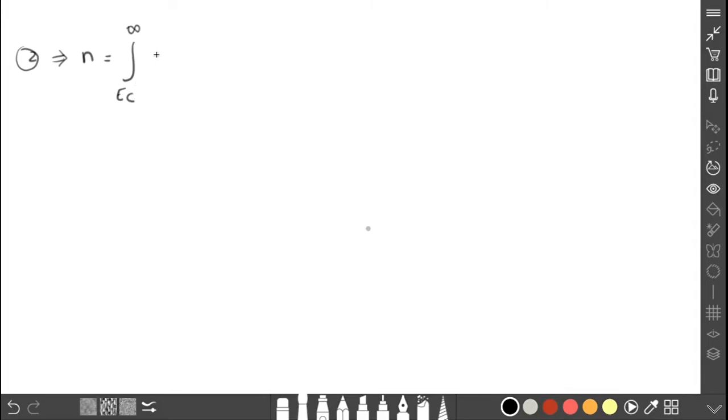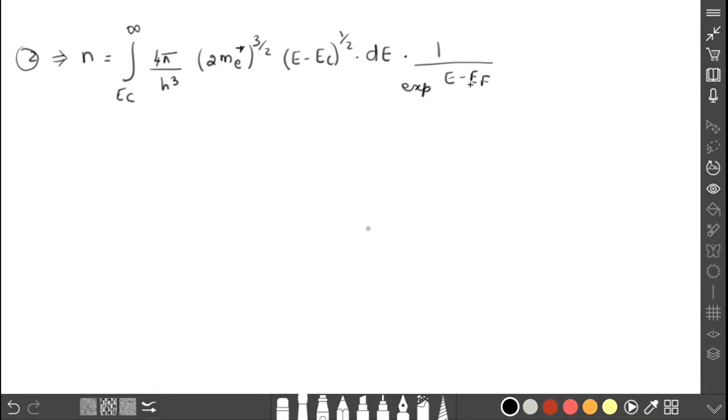What is the Z of E into dE from equation 4? 4 pi by h cube, 2 me star whole to the power of 3 by 2, and then instead of E we have written E minus EC whole to the power of 1 by 2 into dE. This is from equation 4. And what is the F of E value? 1 divided by exponential of E minus EF divided by kT, right? This is the expression we substituted.